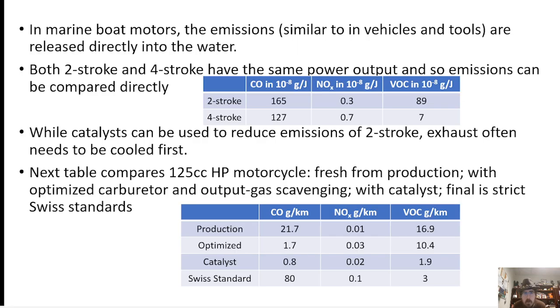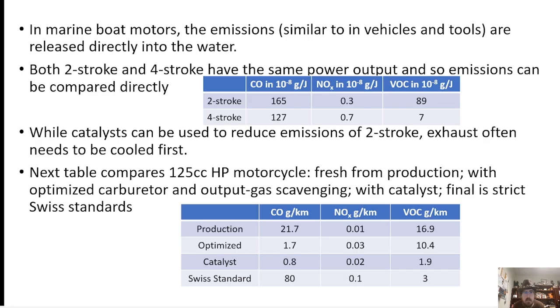Two-stroke produces more carbon monoxide, but far less NOx, but way higher VOC. So less NO, but higher partially oxidized carbon and higher VOCs.